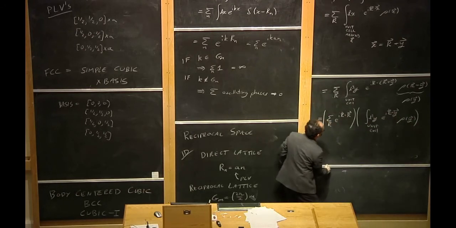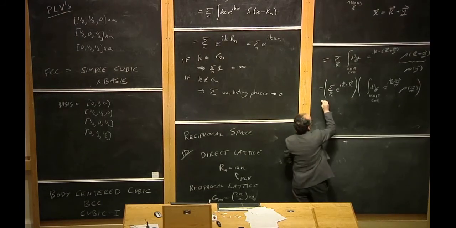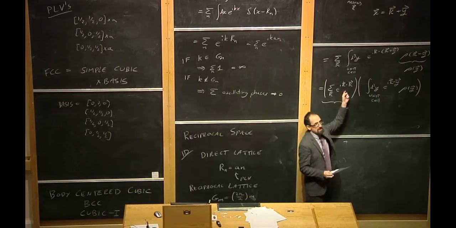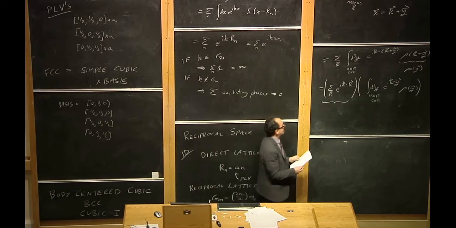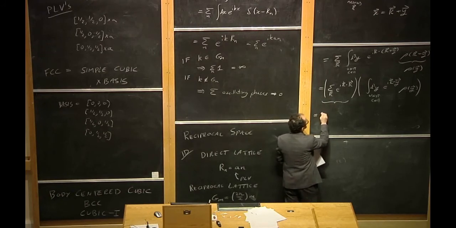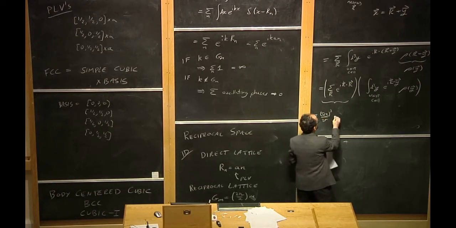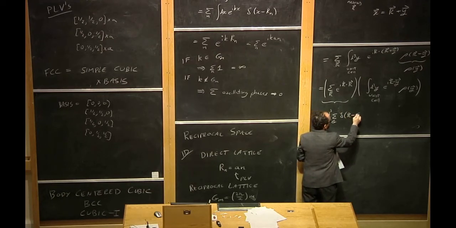Now, this first term should look familiar since we just calculated it a moment ago. This is the sum over all lattice vectors of e to the i k dot r. If k is a reciprocal lattice vector, this is infinite. If k is not a reciprocal lattice vector, this thing is 0. So, just as we had before, it is (2 pi) cubed over the volume of the unit cell, sum over all reciprocal lattice vectors g of delta of k minus g.